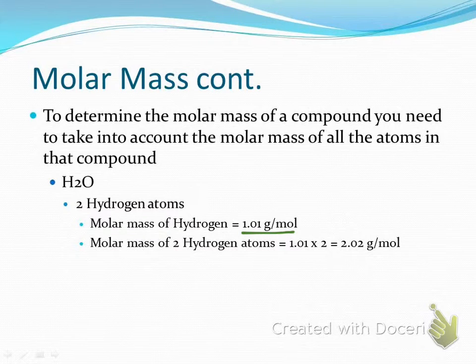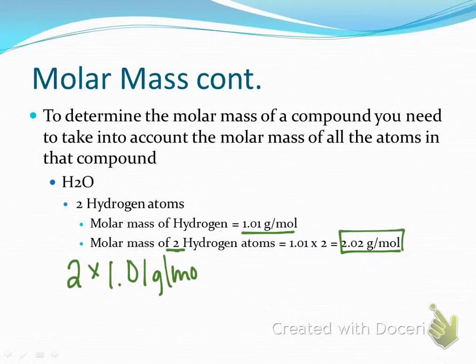One single hydrogen atom has a molar mass of 1 gram per mole, but we have 2 hydrogen atoms, so we multiply that by 2. 2 times 1.01 grams per mole gives us 2.02 grams per mole for the molar mass of just the hydrogen within that compound.